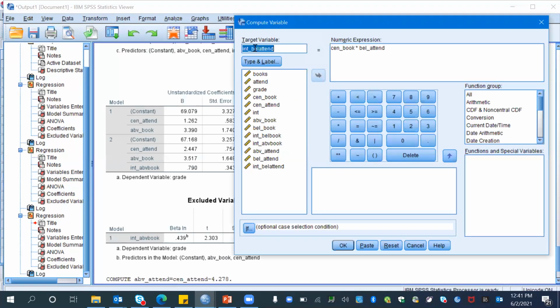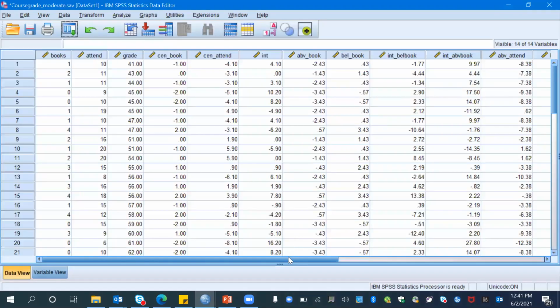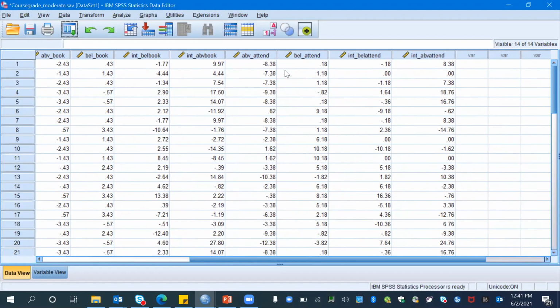And now I'm going to do the same for the interaction for above attendance. Again, this is the same thing that we've already done. I'm just using the different variable. So center book by above attendance to create the interaction with above attendance. Okay, so we have our new variables here, our two new interactions and our two new recentering strategies.